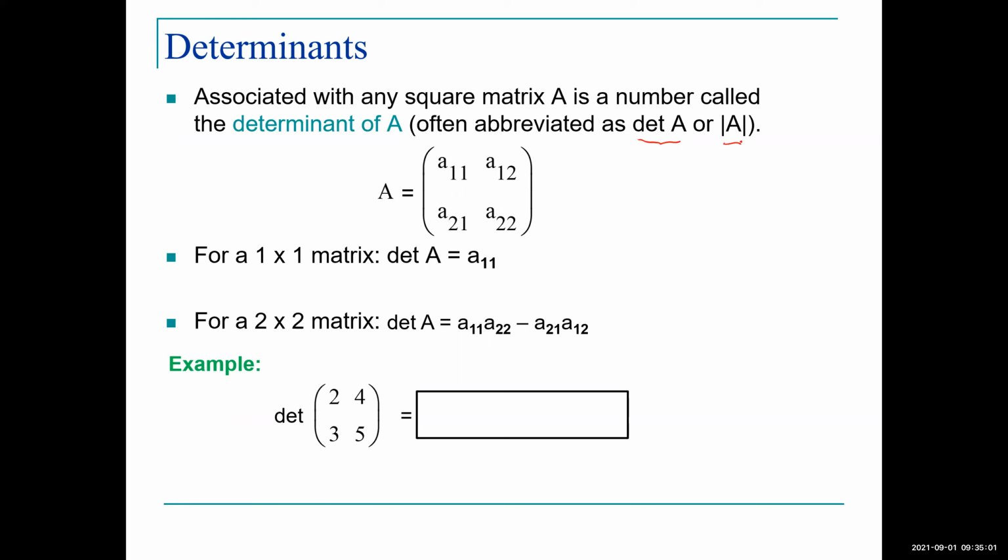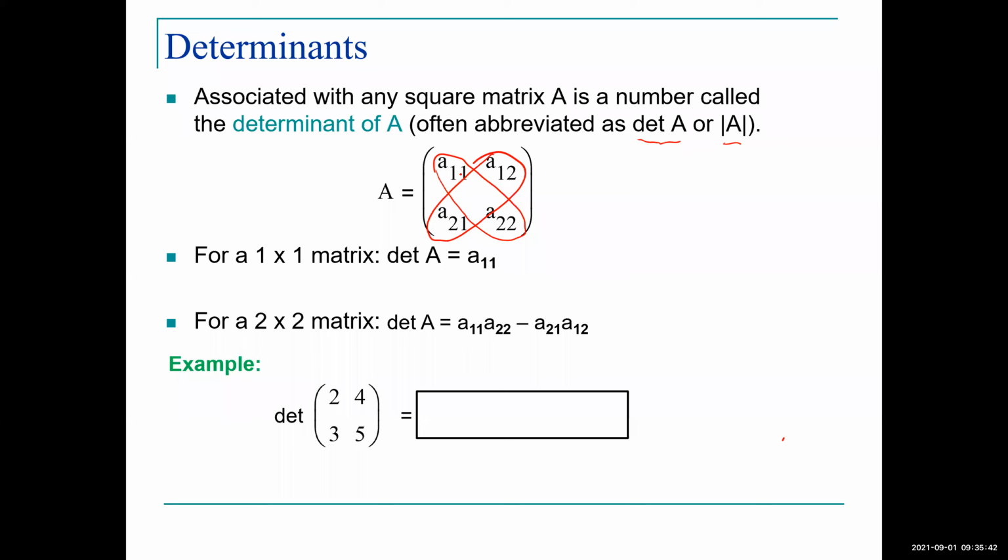For a 1x1 matrix, the determinant of A will be the value of that element A11. But for a 2x2 matrix, the determinant of A is equal to the multiplication of A11 by A22, minus the multiplication of A21 by A12, which are these two elements.